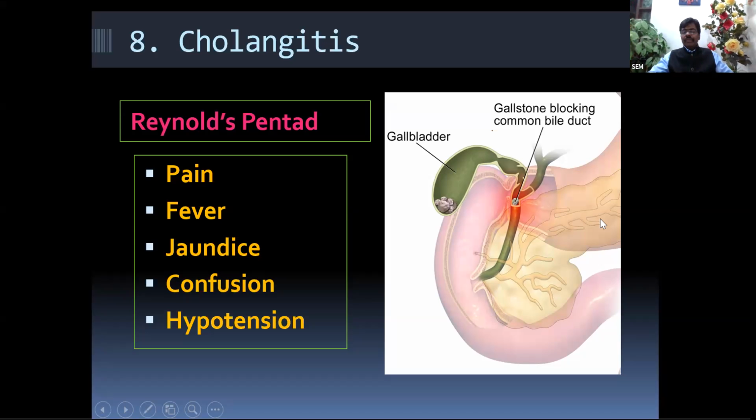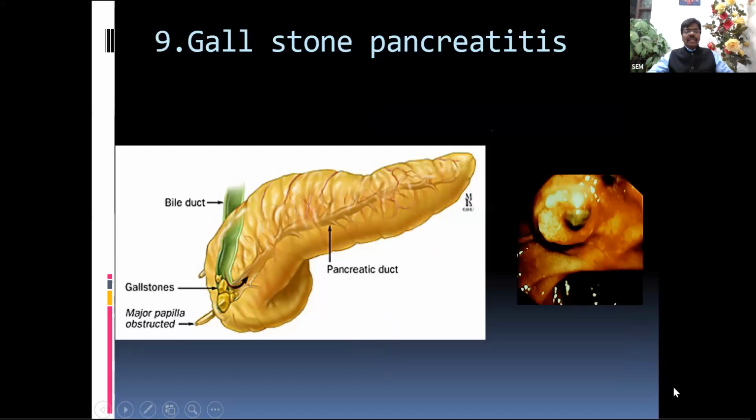Okay. Next, the ninth one is one of the life-threatening complications. If you have a bile duct stone coming right at the end, near the ampulla of Vater, and stuck at what we call the common channel, then it causes reflux of bile into the pancreatic duct. Then there is auto-digestion of the pancreas. That is acute biliary pancreatitis.